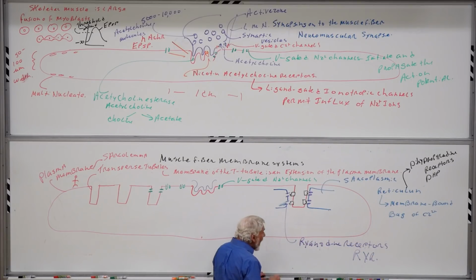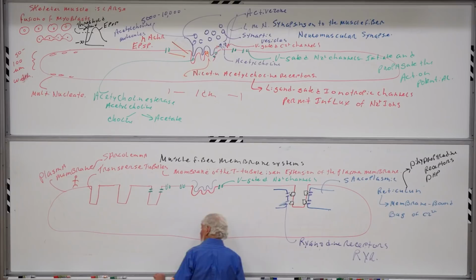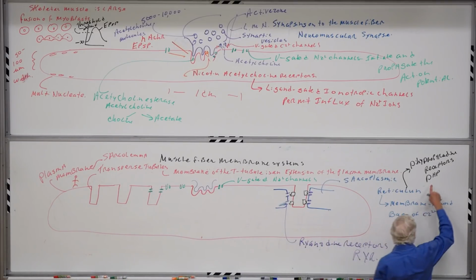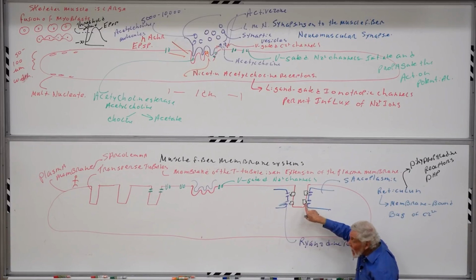Now, these dihydropyridine receptors have this extension, a cytoplasmic extension, shown here as sort of being a little outcropping. That particular outcropping is organized in such a way that it fits down in the channel of the ryanodine receptor.